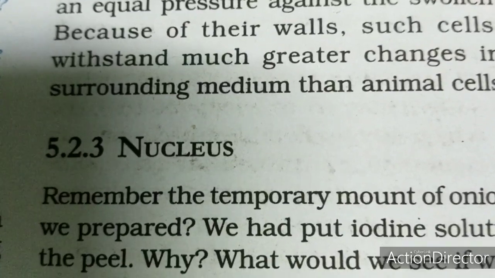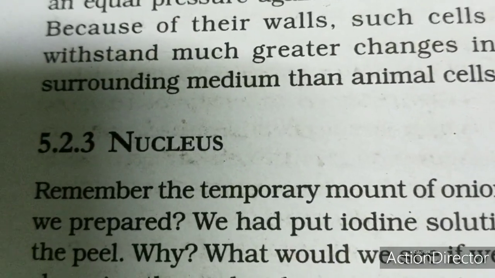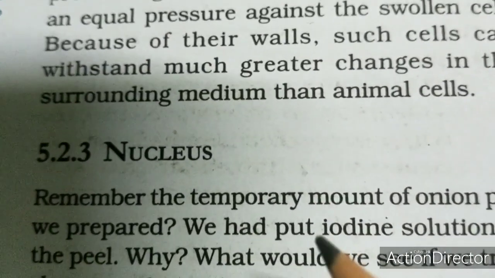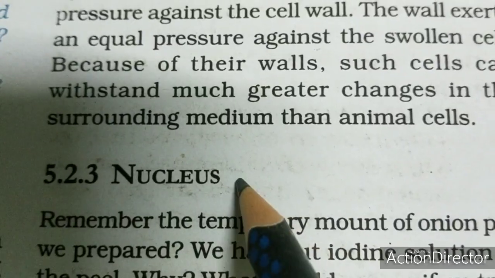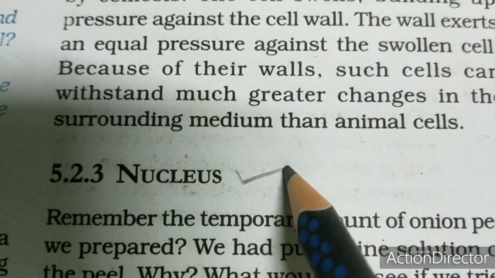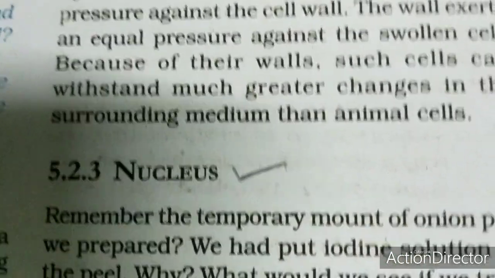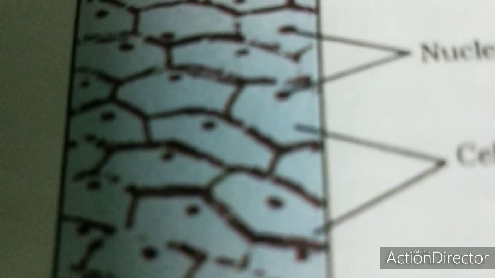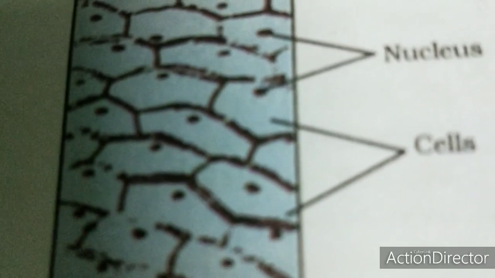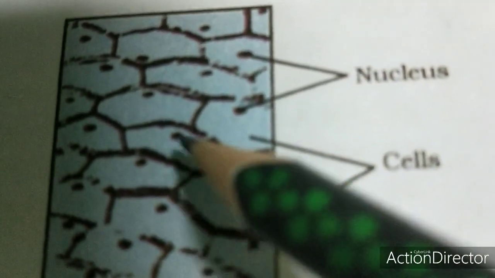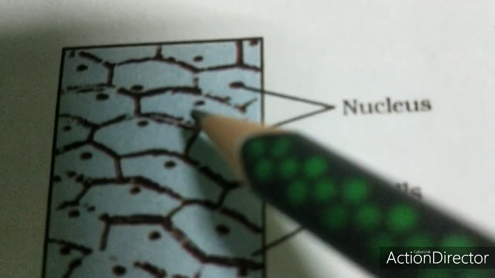Let us learn the next part of the cell, that is the nucleus. The important part of the cell, the nucleus. When we look at this onion peel, we will see each cell has a dark spot in it.